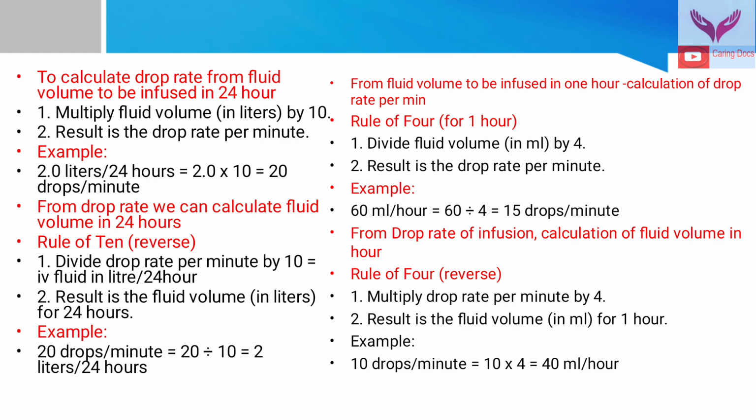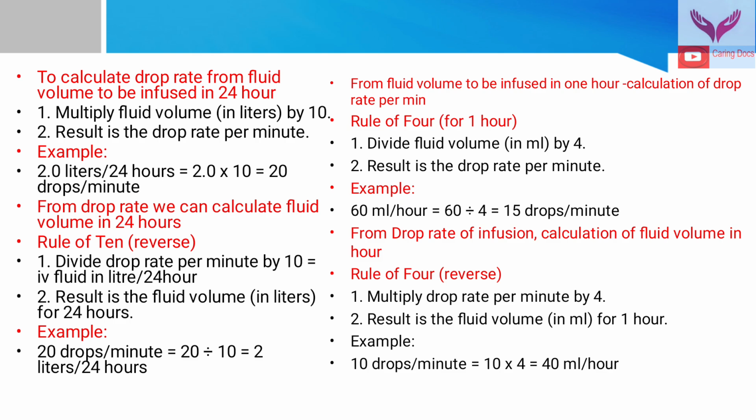Here the reverse of the rule of 10 is used. We have to divide the drop rate per minute by 10, and this will give us the amount of fluid which will be transfused or infused in 24 hours. For example, if we are giving a fluid at the rate of 20 drops per minute, just divide 20 by 10, we get 2 liters.